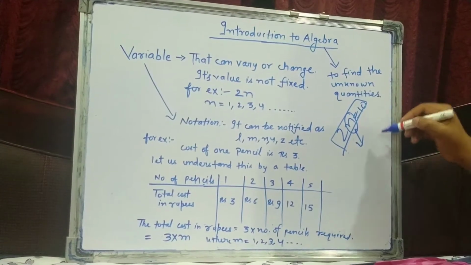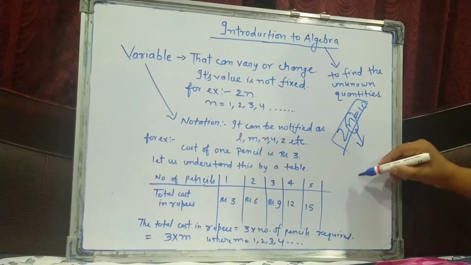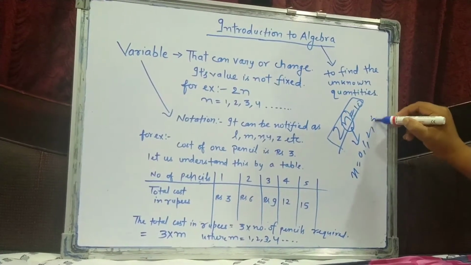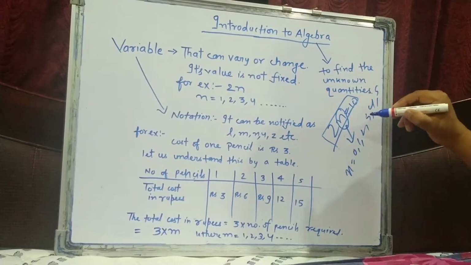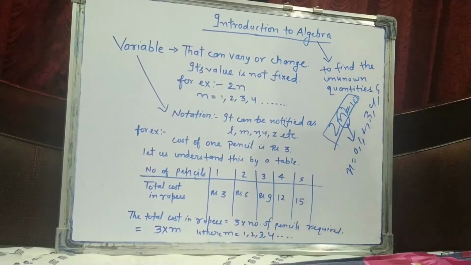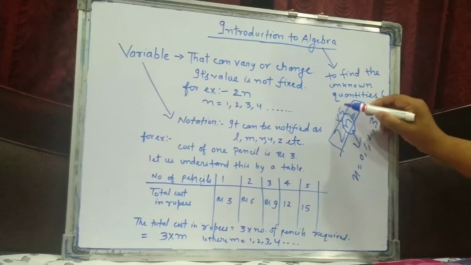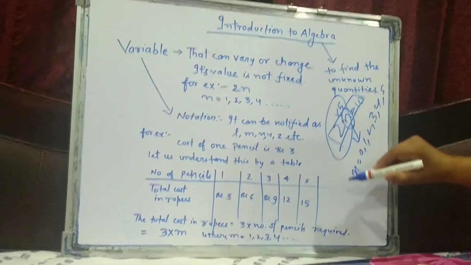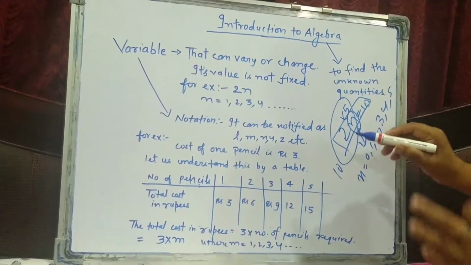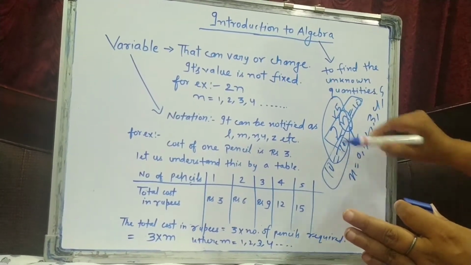If we put 0, 1, 2, 3, 4, 5, this is a very simple equation, so easily you can understand. If you put n equal to 5, then you will see 2 into 5 equals 10. So our RHS equals LHS, and the equation is satisfied.